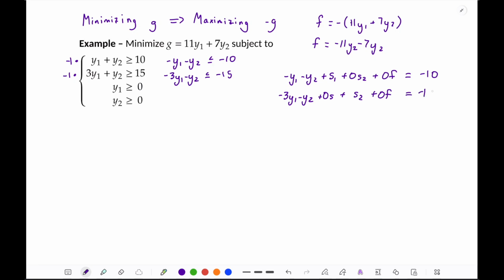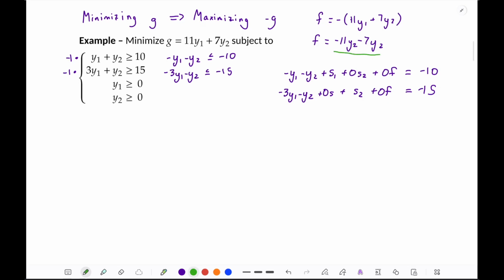And then our objective function, we have to take these terms and move them over there, so we'll add them in this case. So that's 11y1 plus 7y2, no s1, no s2, and 1f. And if I move those over, we're left with 0 on the right-hand side.